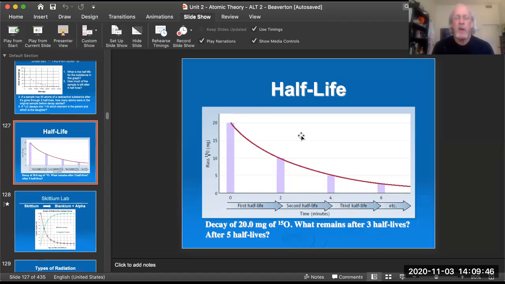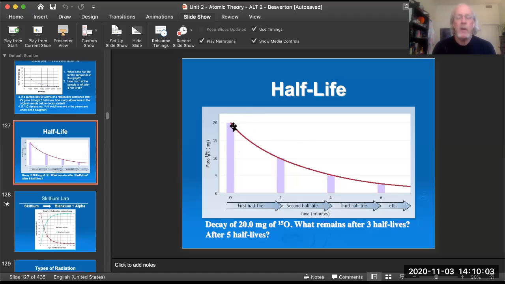It is the amount of time it takes for a mass to decay to half the original mass. Okay, so if we started at a mass of 20 milligrams, in this case it is a radioactive isotope of oxygen.